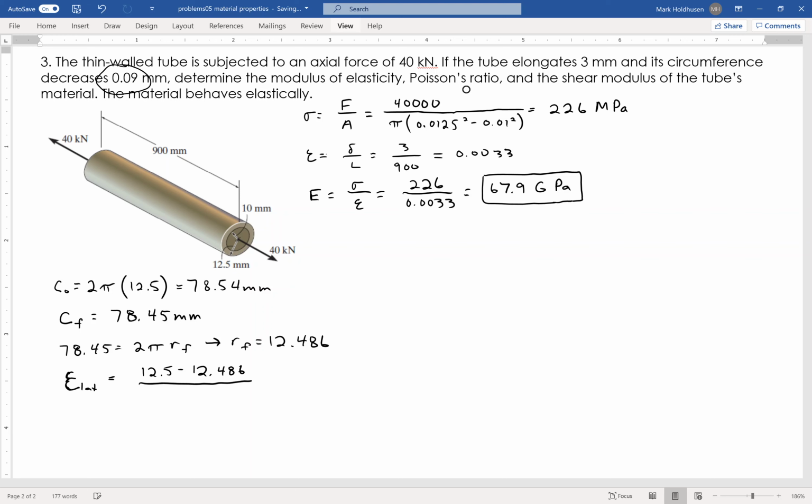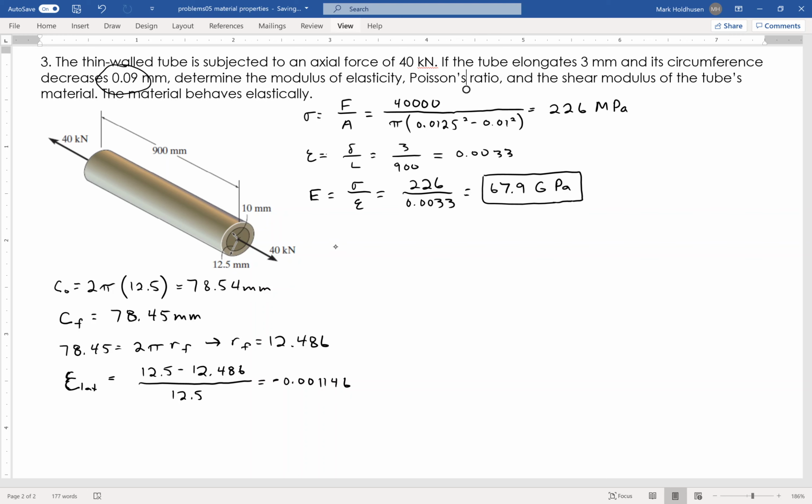That's the change in the radius over the original radius. So that gives me a strain equal to 0.001146, and this is a negative strain. Why is it negative? Because it's shrinking. I probably should have done final minus initial rather than initial minus final, but just recognize that it's shrinking in size, so that strain is actually a negative strain, right? Because it's decreasing its radius.